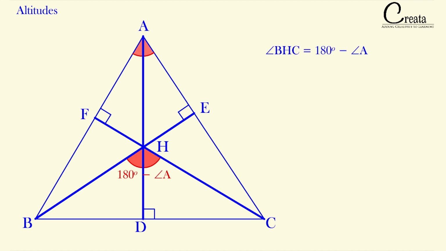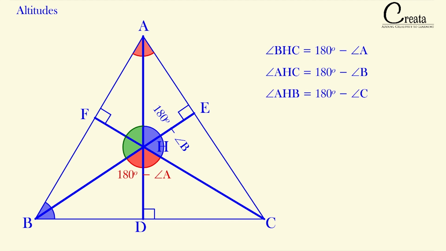So we got angle BHC is equal to 180 degrees minus angle A. Similarly, can we say angle AHC is equal to 180 degrees minus angle B, and angle AHB is equal to 180 degrees minus angle C. Okay, got it? In other words, we can say the angle at the orthocenter and the opposite vertex are supplementary. The sum of both of these angles will be equal to 180 degrees.